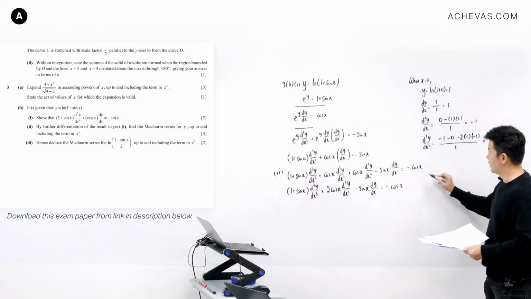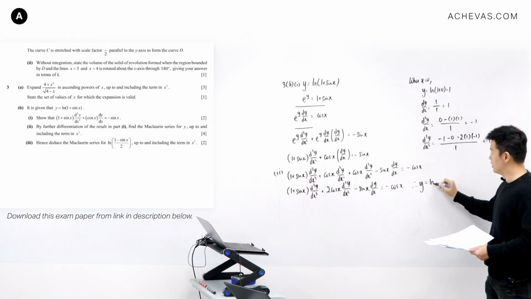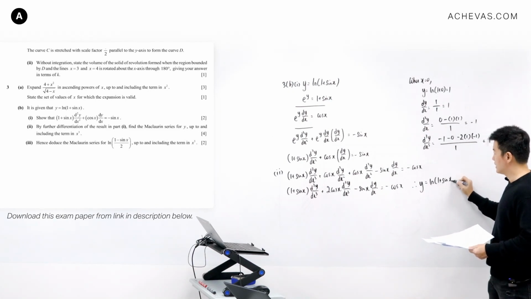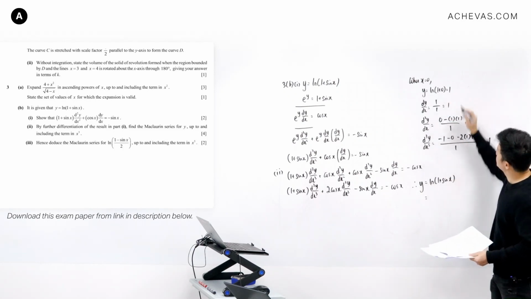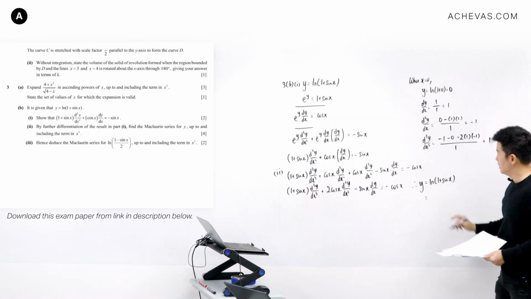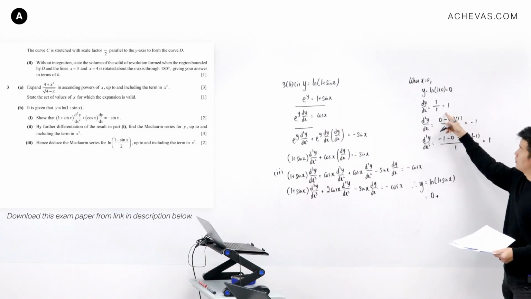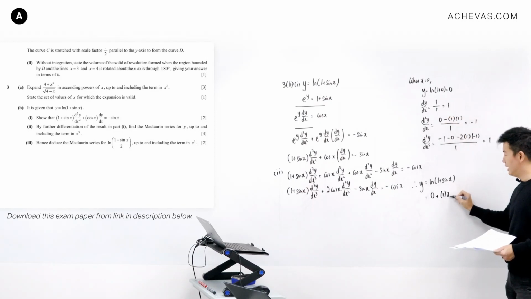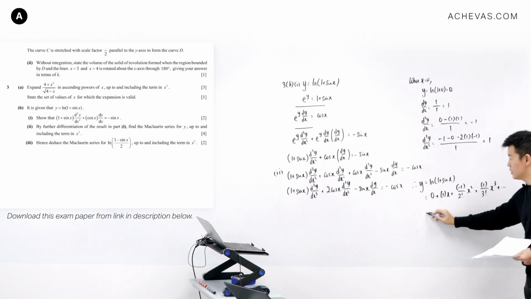So therefore, I can now find y. Let me write it here. Therefore, y, which is ln of 1 plus sine x, is going to be equal to 0 plus f prime 0, which is 1, times x, plus f double prime 0, which is minus 1, divided by 2 factorial x squared, plus 1 divided by 3 factorial x to the power of 3, and all the way until infinity.